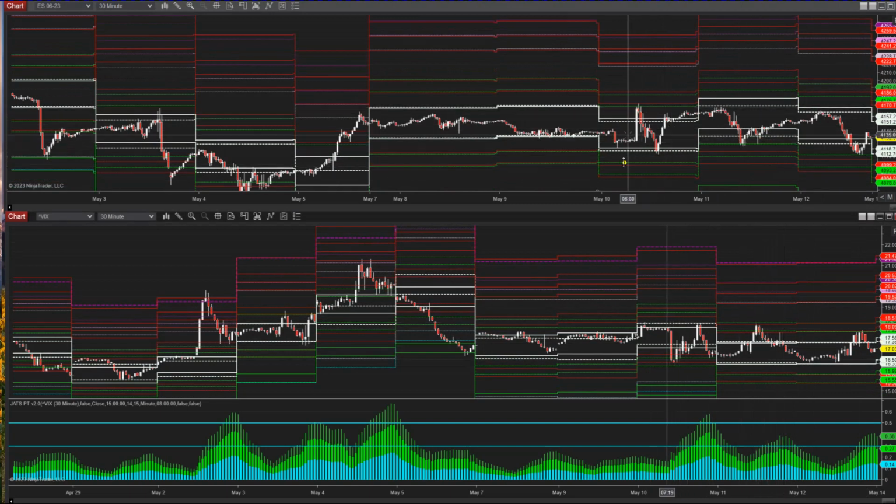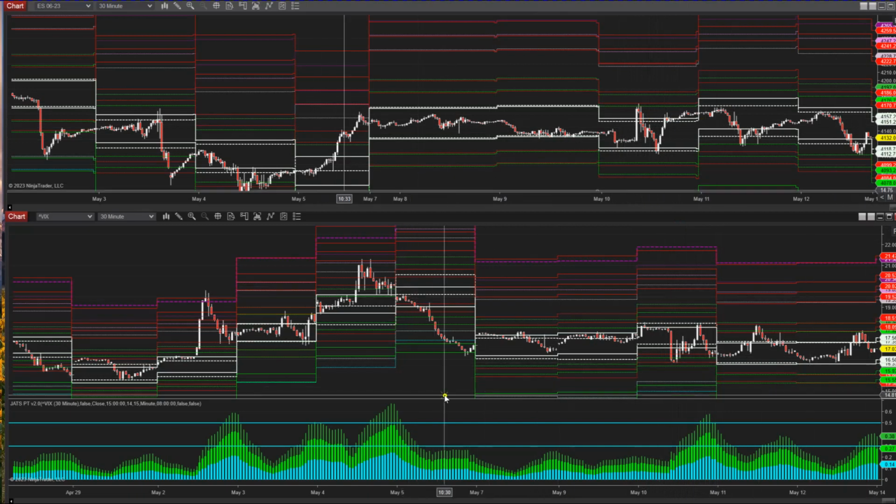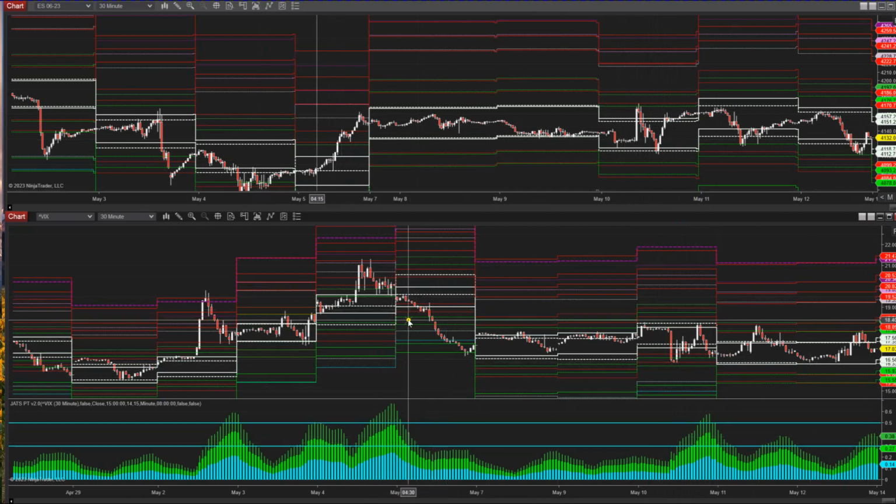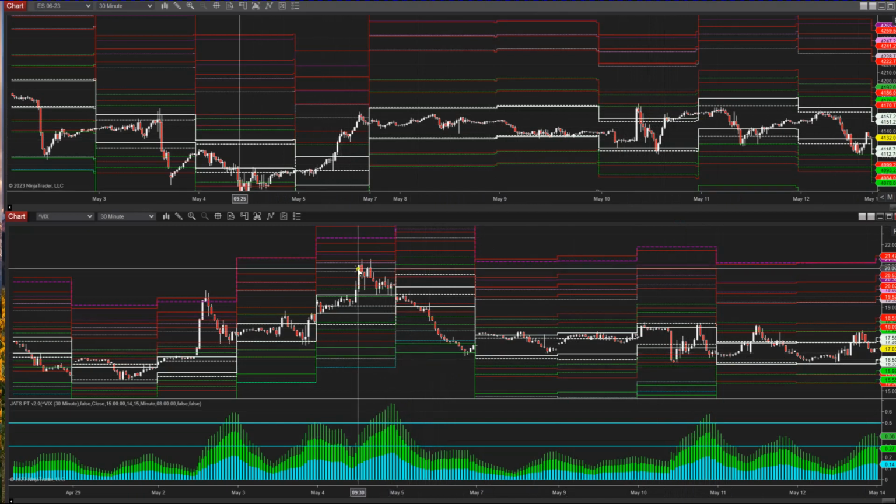And here again, you can see that when they do break out, they go to their twos and threes. It's inverse most of the time. So here you can see that you had a long vol right here.